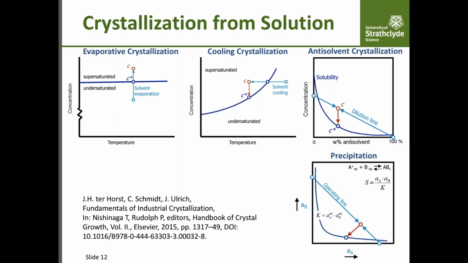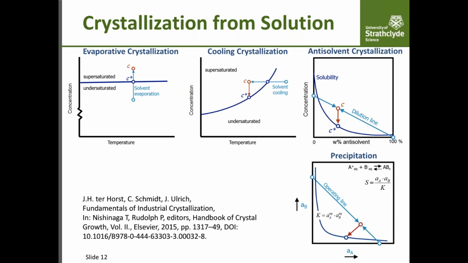And then the fourth crystallization method is precipitation, which can be seen as a combination of a reaction and a crystallization. You react to a very insoluble product, which then precipitates out.